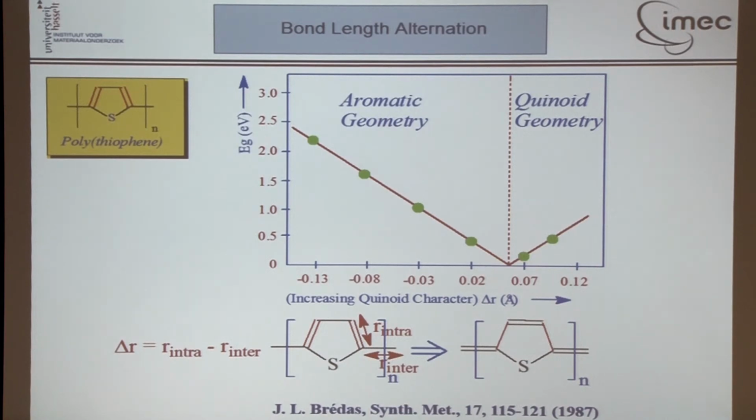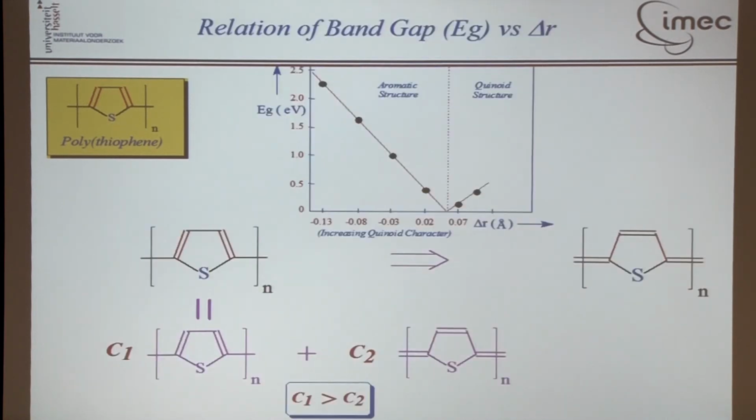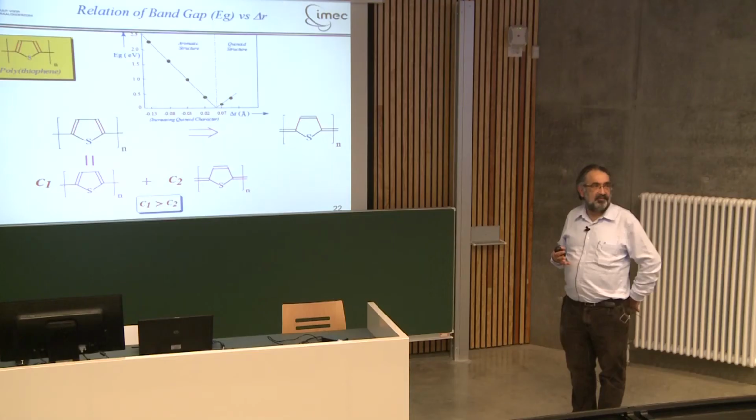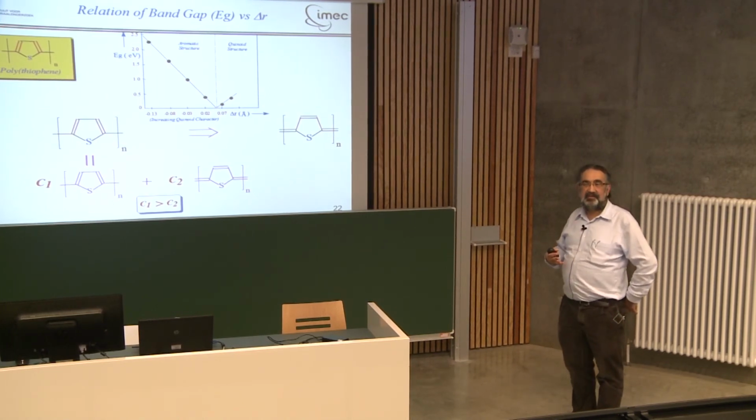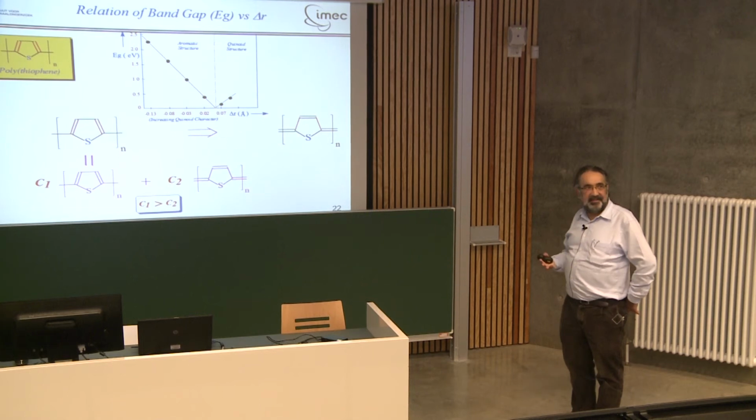Now what does that mean? We can look at that with a concept that comes from organic chemistry, in which one uses so-called resonance structures. Resonance structures are localized representations of reality.